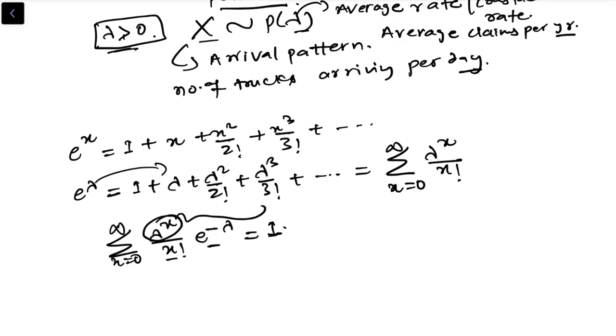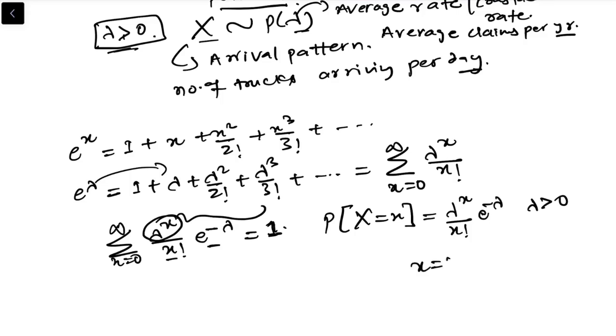Now the sum of values of the function should be 1 to satisfy the PDF, which you can see here, this is 1. Okay, so we can say the PDF or the probability of Poisson is lambda to the power x by x factorial e to the power minus lambda, where lambda is greater than 0 and x ranges from 0 to infinity.